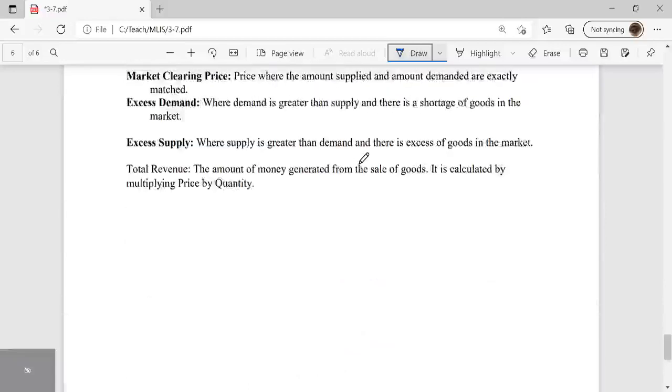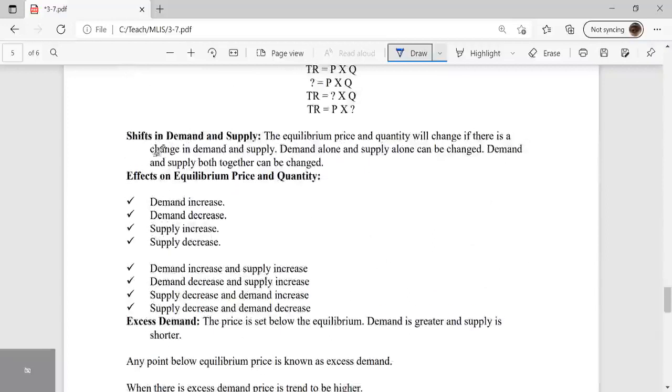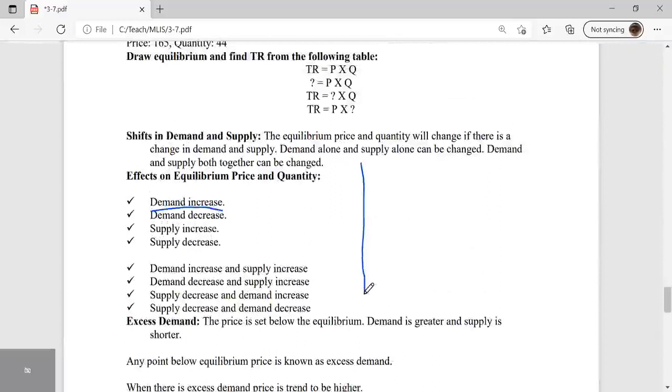So now let's do some examples. Let's talk about an example where demand increases. This axis is price, and this is quantity.